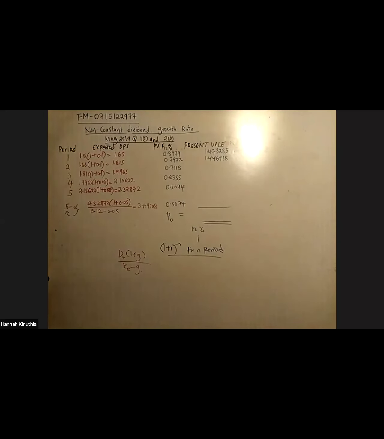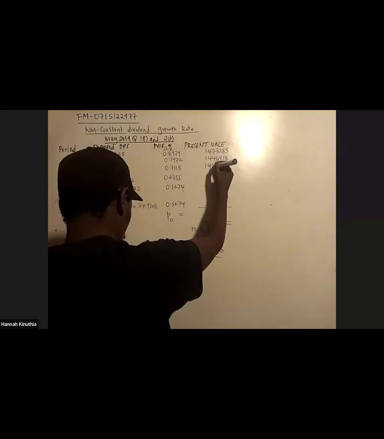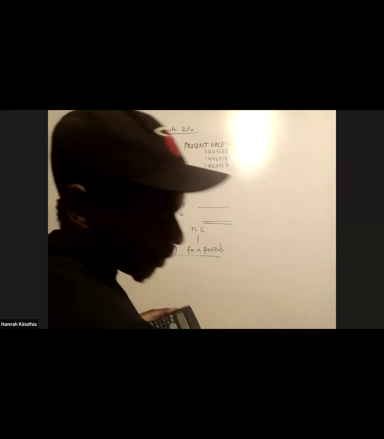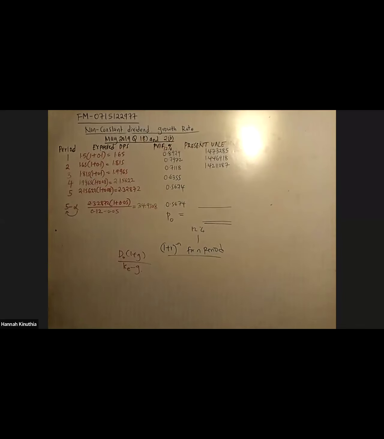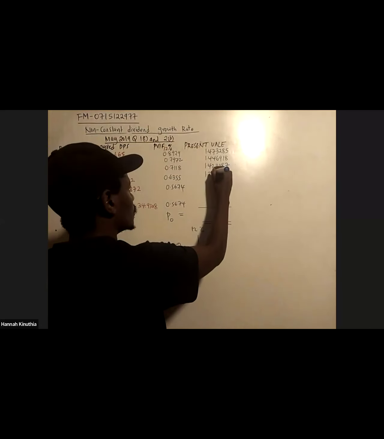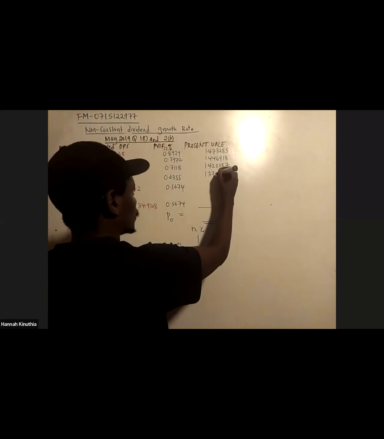Then 1.9965 times 0.7118 gives 1.42111087. Then 2.15622 times 0.6355 gives 1.370278.